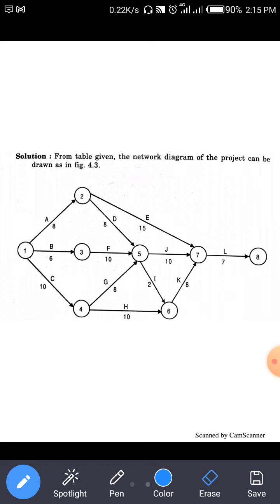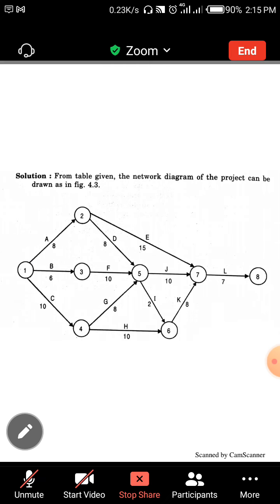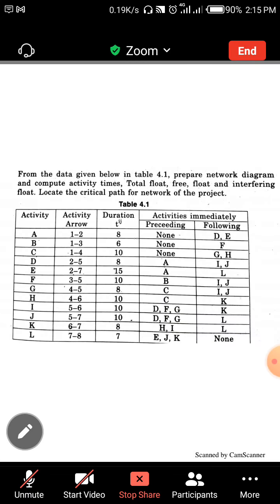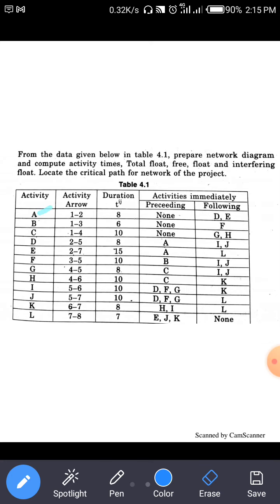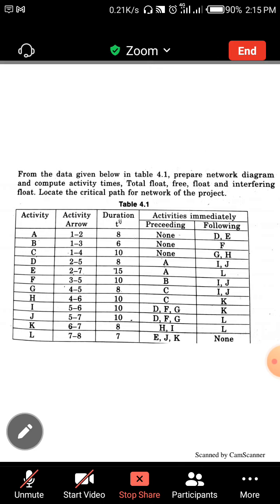In the network diagram, the activities are 1 to 2, 1 to 3 and 1 to 4, so already activities A, B, C: 1 to 2 is activity A, 1 to 3 is activity B, and 1 to 4 is activity C. Clear?